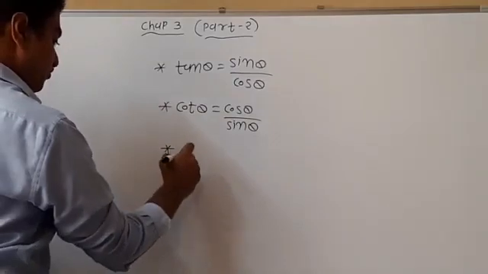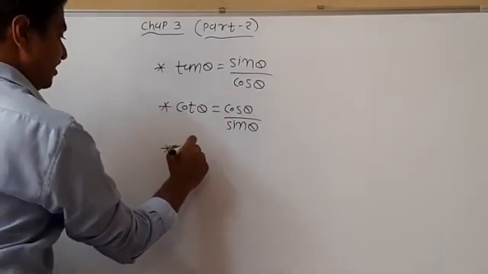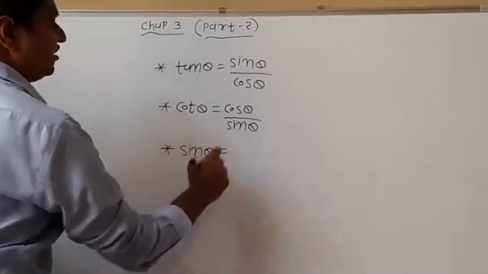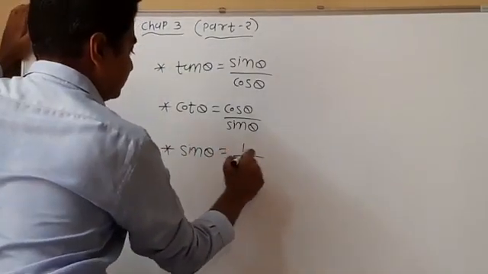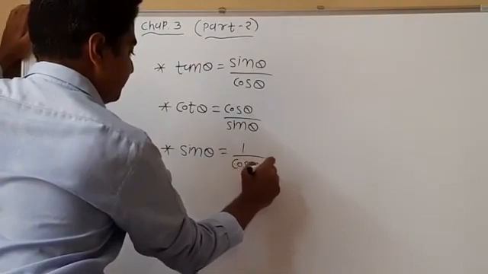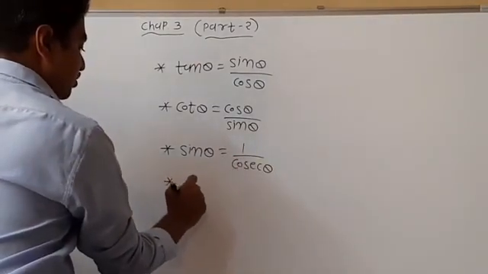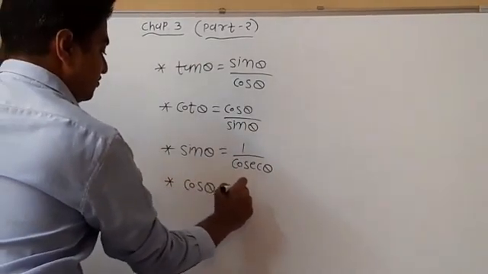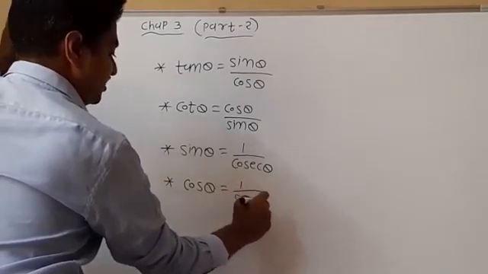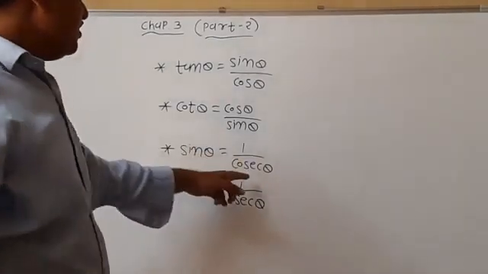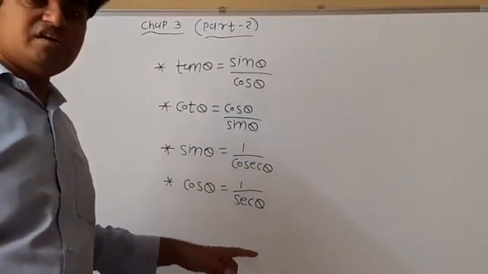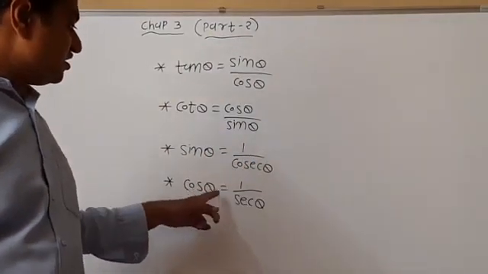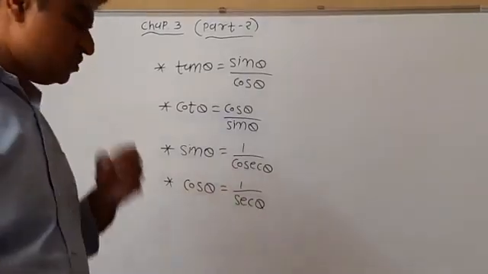Now we know that sin theta is equal to 1 upon cosec theta, and cos theta is equal to 1 upon sec theta. So we can also write cosec theta is equal to 1 upon sin theta, and sec theta is equal to 1 upon cos theta.